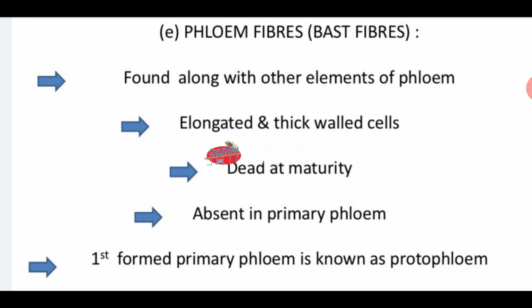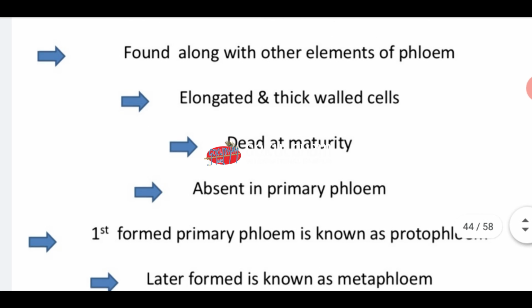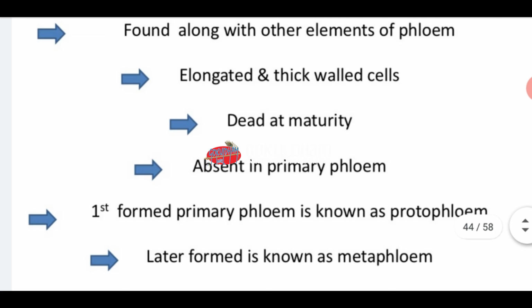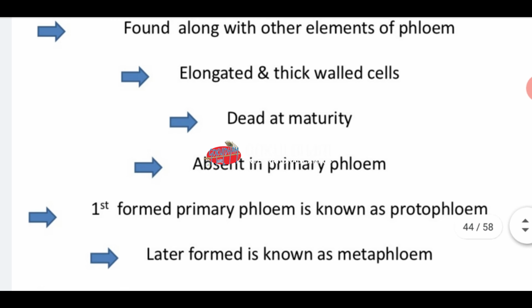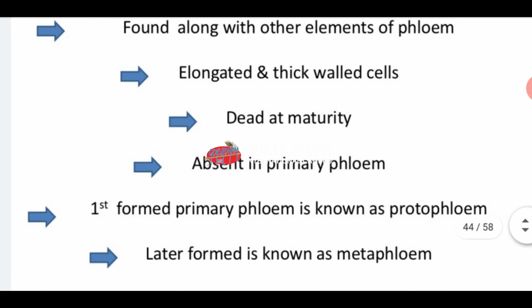The first formed primary phloem is known as protophloem and the later formed is known as metaphloem. Like we also mentioned in xylem that the first forming xylem is known as protoxylem, and the later formed xylem is known as metaxylem.